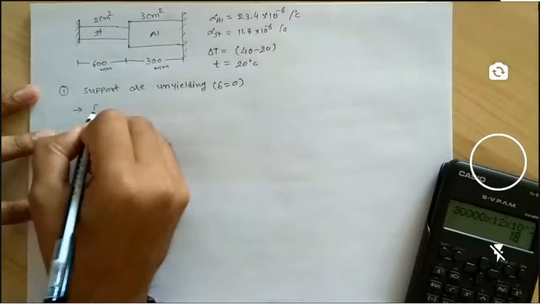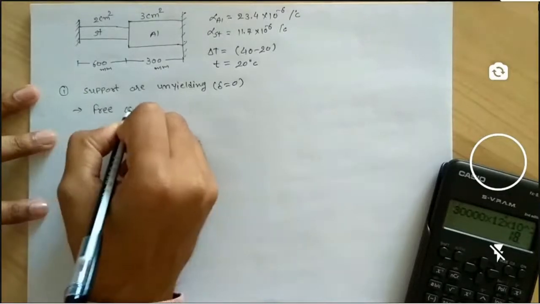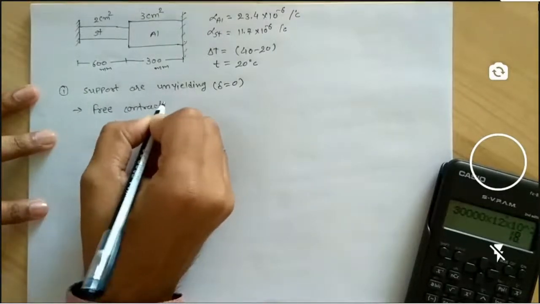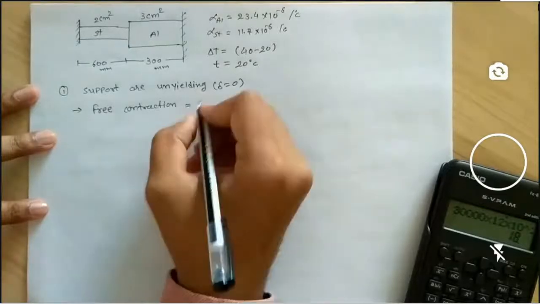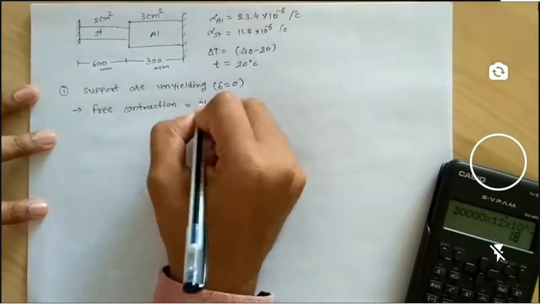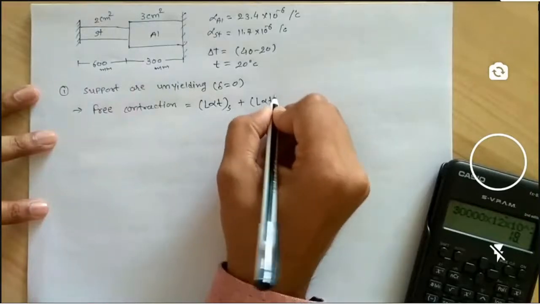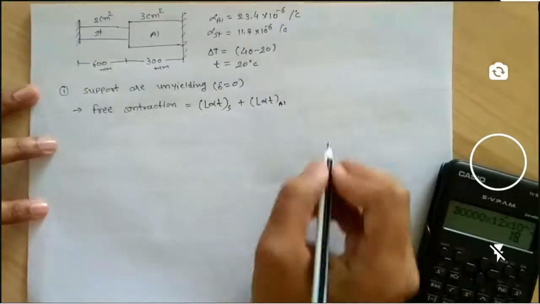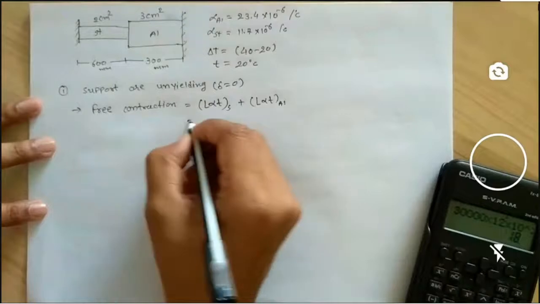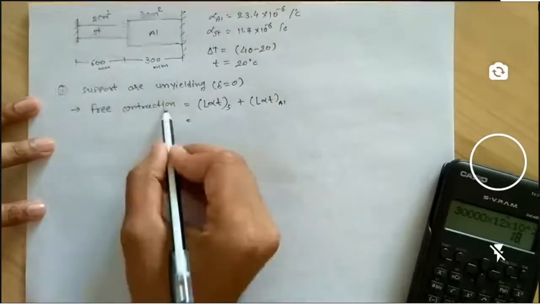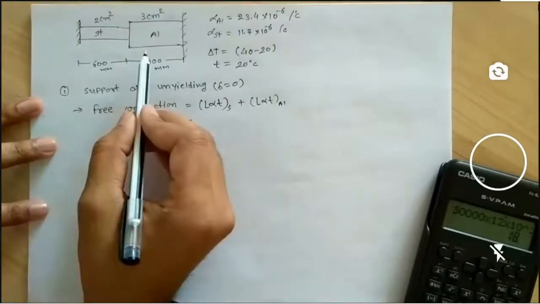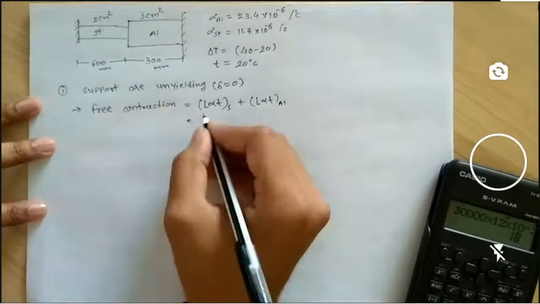So for free contraction, L alpha T for the steel section and L alpha T for the aluminum section. Okay. So first of all, find out the free contraction, meaning the change in length required for this element.